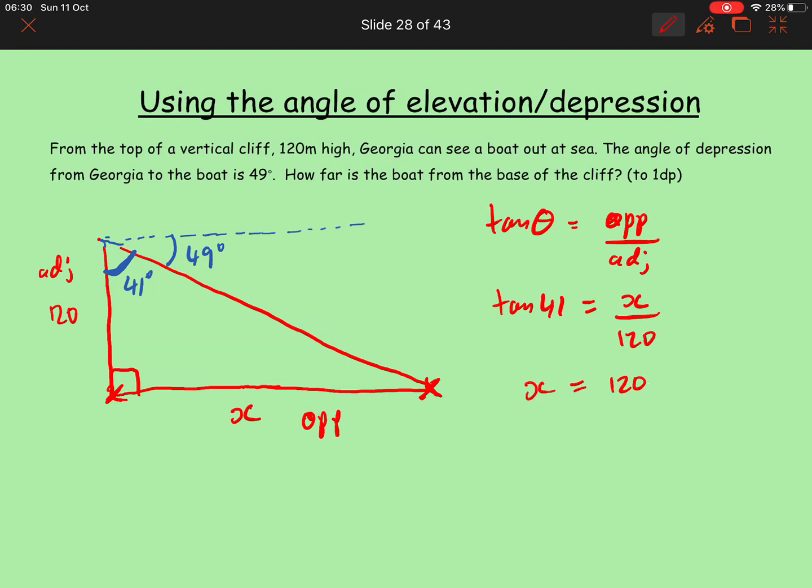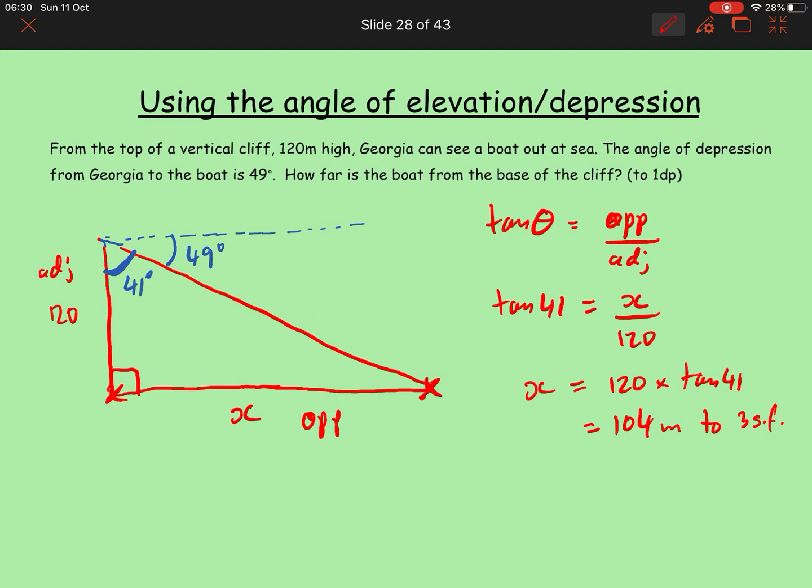So x equals 120 times tan 41. Okay, put that in your calculator. 120 times tan 41. Okay, and the answer is 104 meters to 3 significant figures.